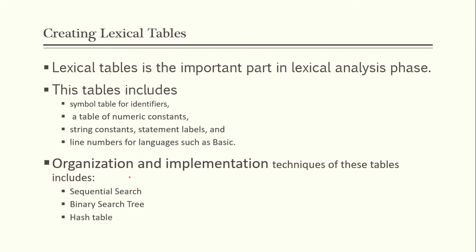So in this chapter, we will look into how we are going to organize and process the information that we entered into the tables. Three will be discussed in this topic: sequential search, binary search tree, as well as a hash table.